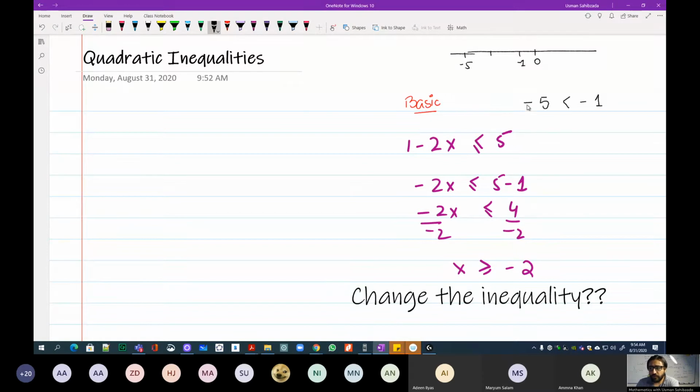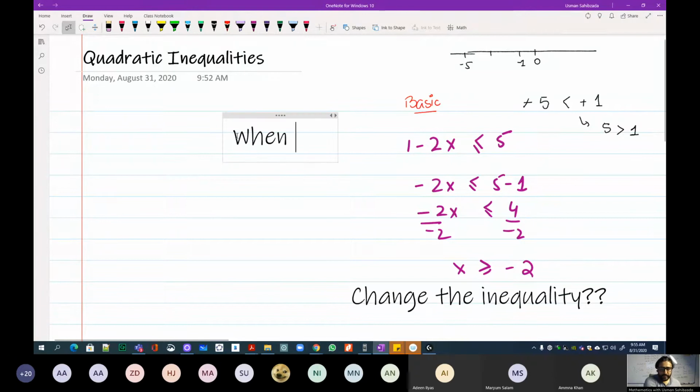So when you divide by minus, you don't say minus 5 is less than minus 1 anymore. You would rather say 5 is greater than 1. You would need to flip the sign. So it's only when you're dividing or multiplying by a negative number, you have to change the inequality's direction.